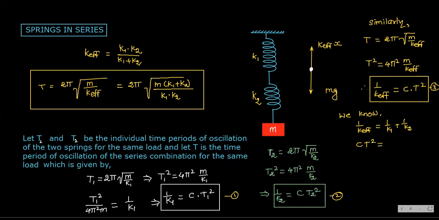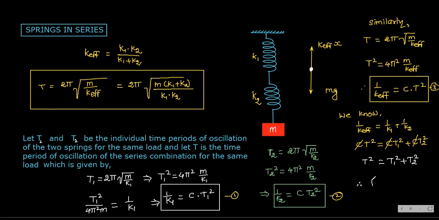CT square is equal to CT1 square plus CT2 square. Throughout take C common and cancel it, and therefore I am getting the final answer, that is T square is equal to T1 square plus T2 square.